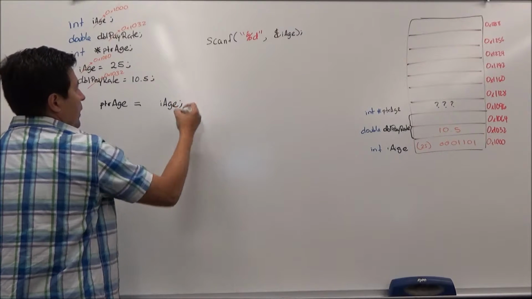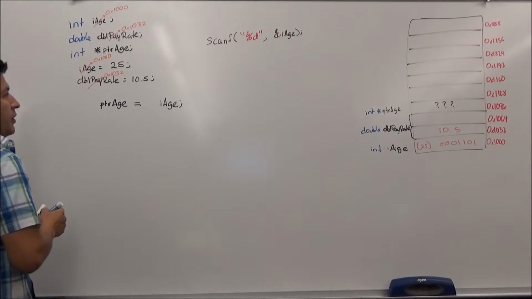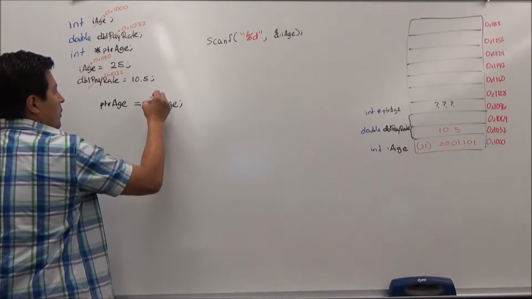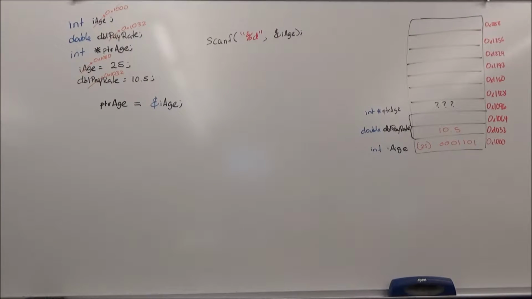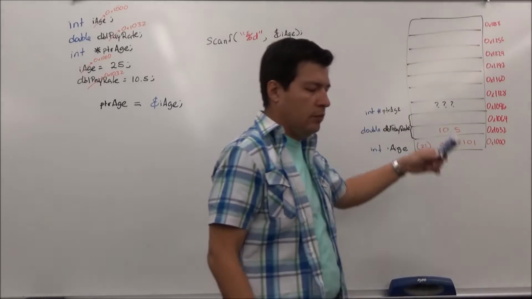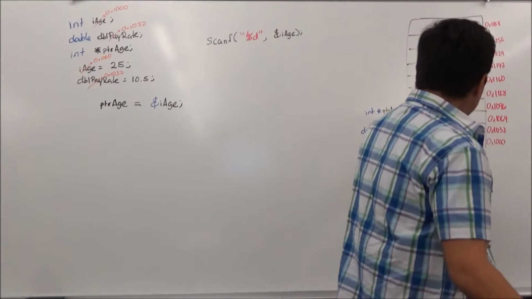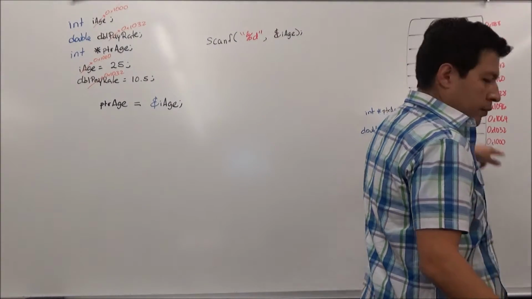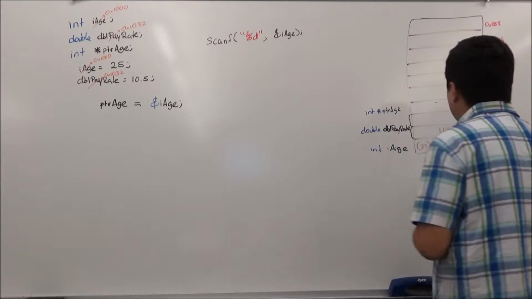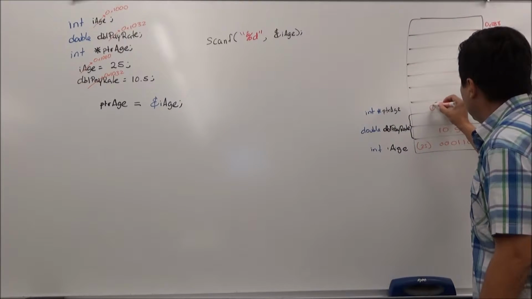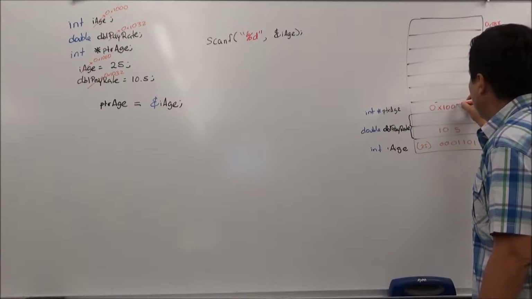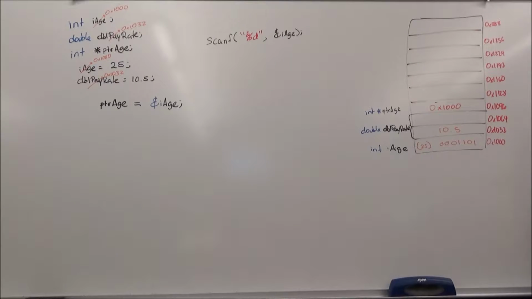Well, how do we get an address? We just add the ampersand sign. So now, in here, the computer is going to have the value 1000.